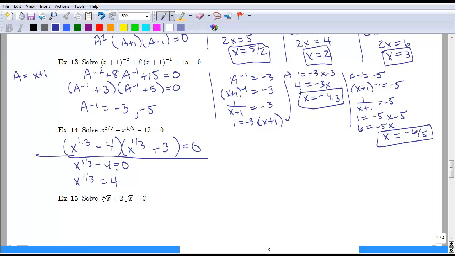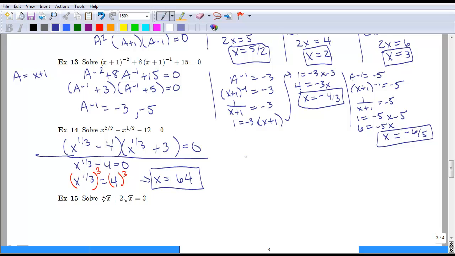The way to get rid of a 1/3 power is to cube both sides, because then that 3 times that 1/3 would give you an exponent of 1. So if you plug that in, you end up finding that x is equal to 64. So that's one of our solutions.